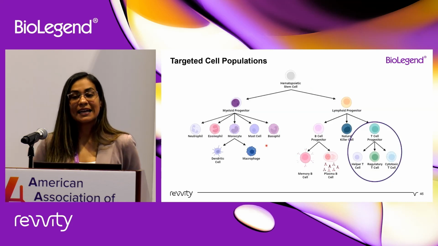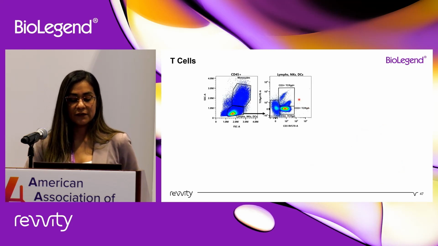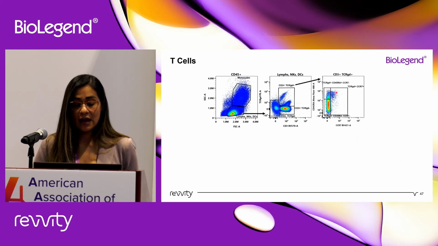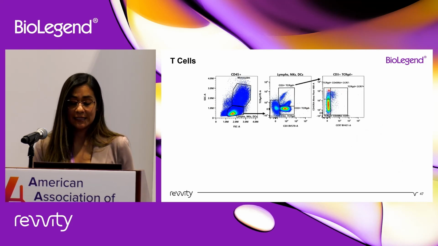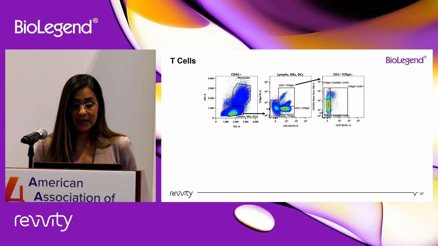And finally, let's analyze the T cells. For the T cells, we can identify the CD3 positive gamma delta T cells, and we can look for the expression of CCR7 and CD45RA for these TCR gamma delta cells.